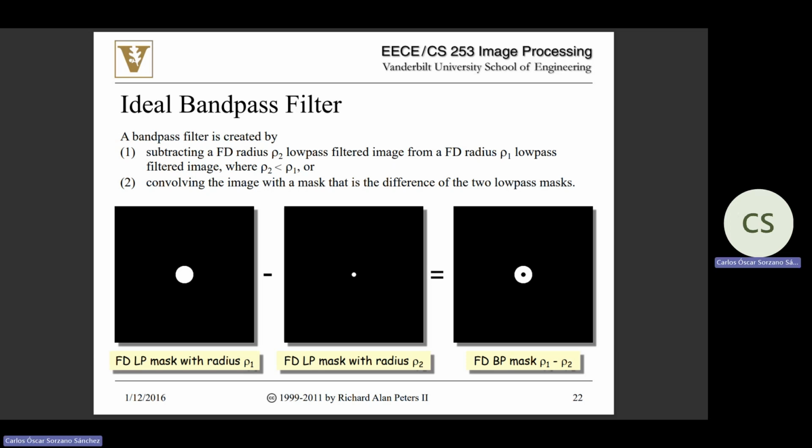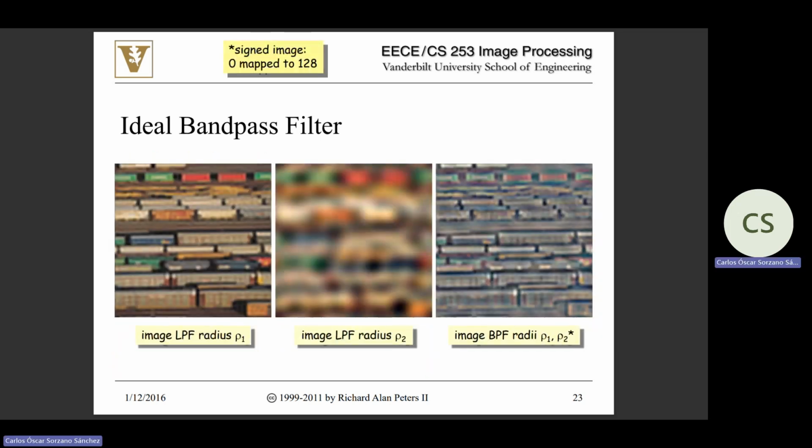So we can construct this filter as a low pass filter with rho 1 minus a low pass filter with rho 2. So now we understand that the impulse response of this one will be the sinc associated to this minus the sinc associated to this one.